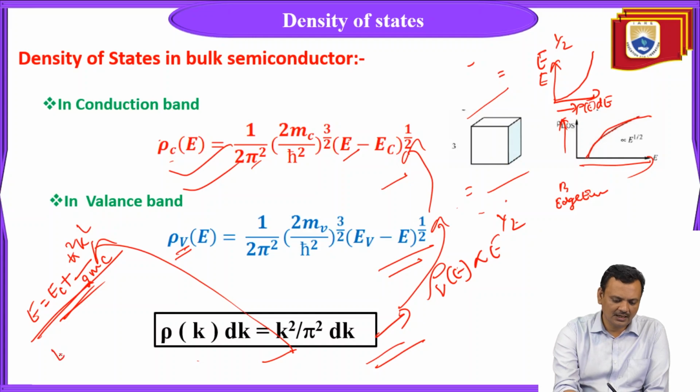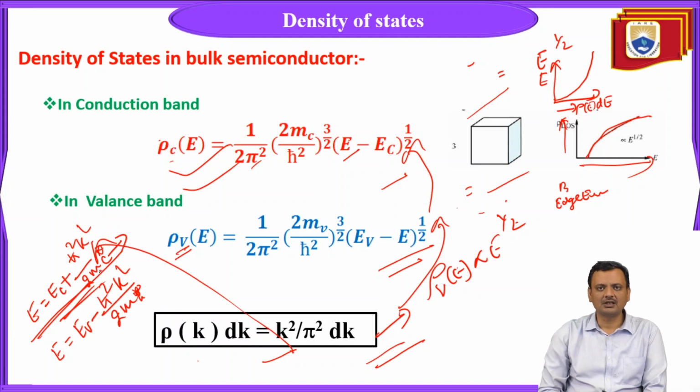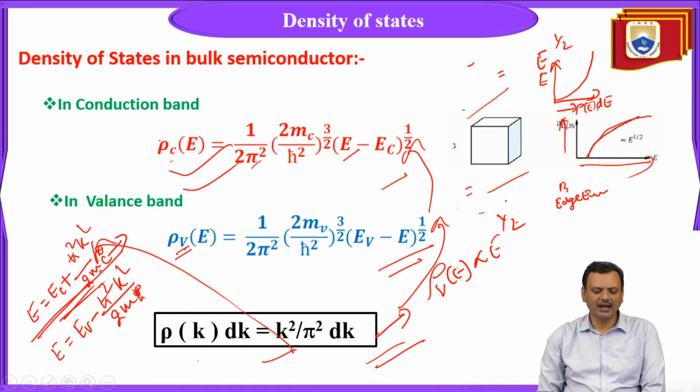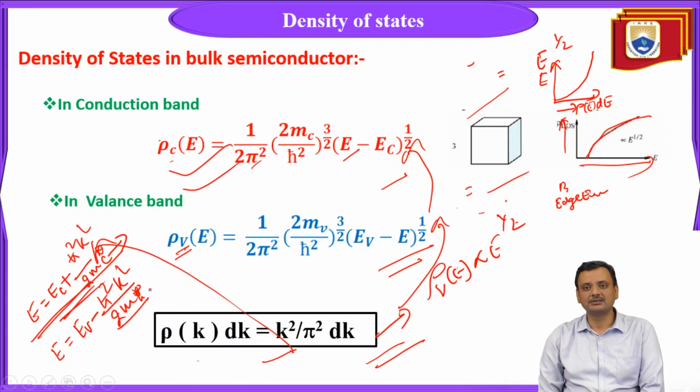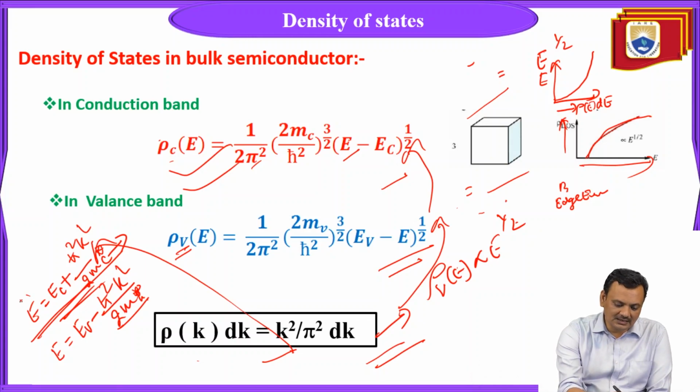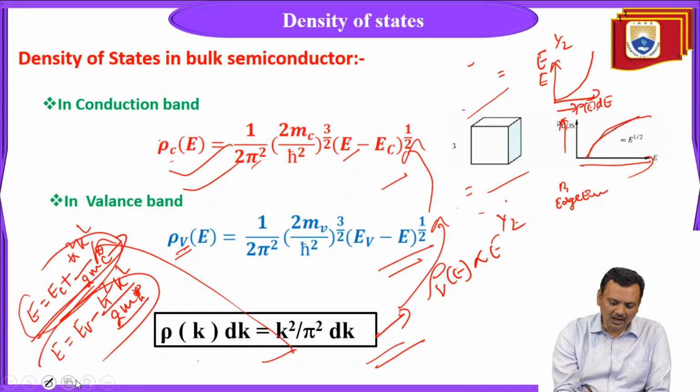For the valence band, E is equal to E_V minus h cross square k square upon 2 m_h star. This m_c star is the effective mass of an electron in the conduction band, and this m_h star is the effective mass of holes in the valence band. So using these two equations along with this equation, you will get this equation.